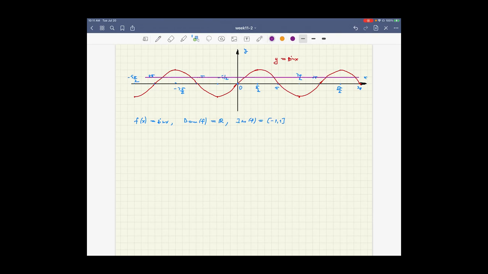The line y equals 1/2, for instance, crosses our function at infinitely many points. And it's not clear which of these infinitely many values we should consider to be the inverse of 1/2.